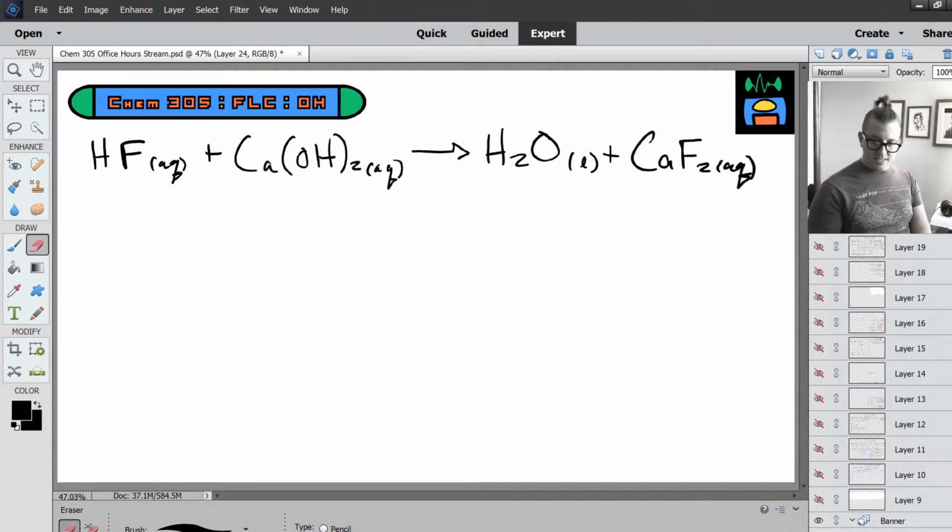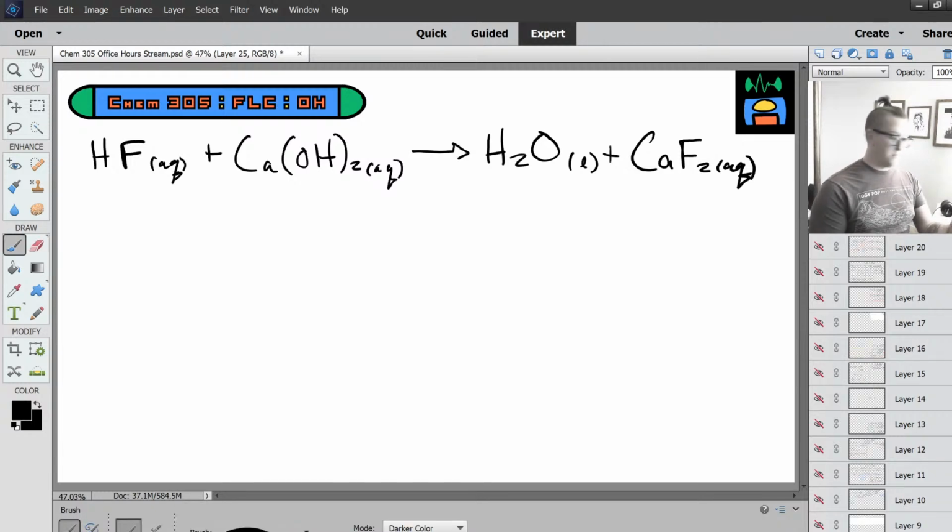This is not our balanced chemical equation, it's just our equation right now. We need to balance it to determine the stoichiometric coefficient of water.